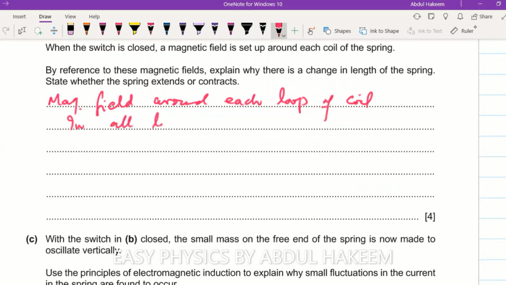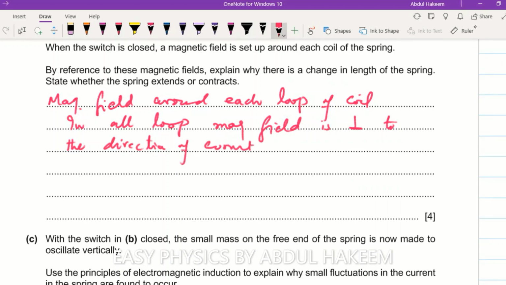In all loops, the magnetic field is perpendicular to the direction of the current, because the field is circular.